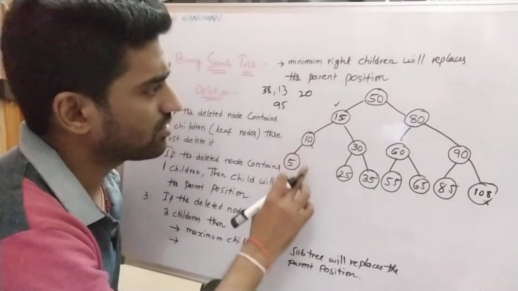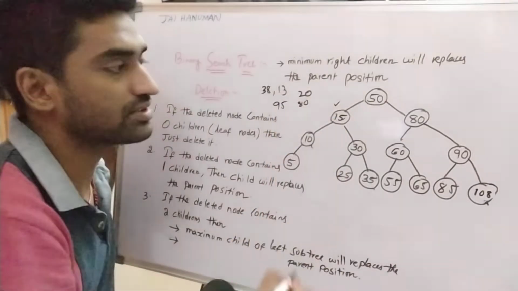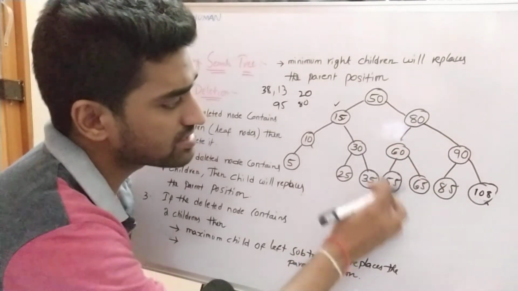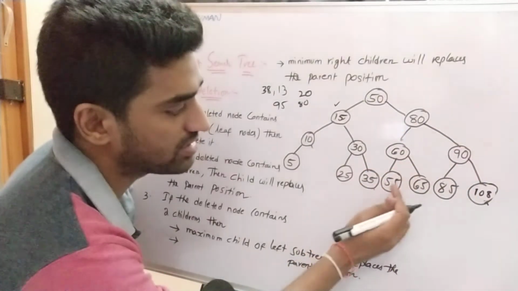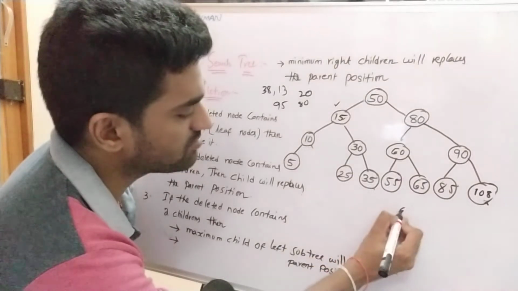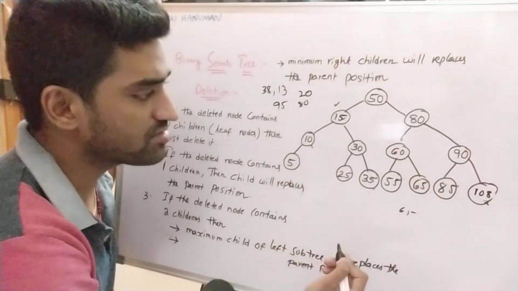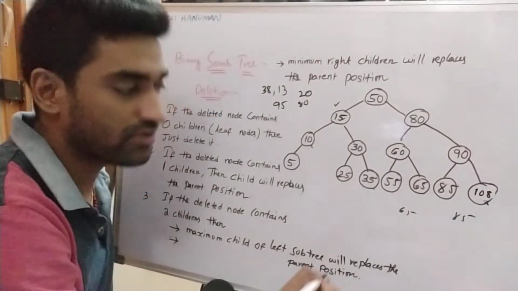Then I want to delete 80. 80 is replaced by the maximum of the left child or the minimum of the right child. 65 is the maximum of the left child, and 85 is the minimum of the right child.